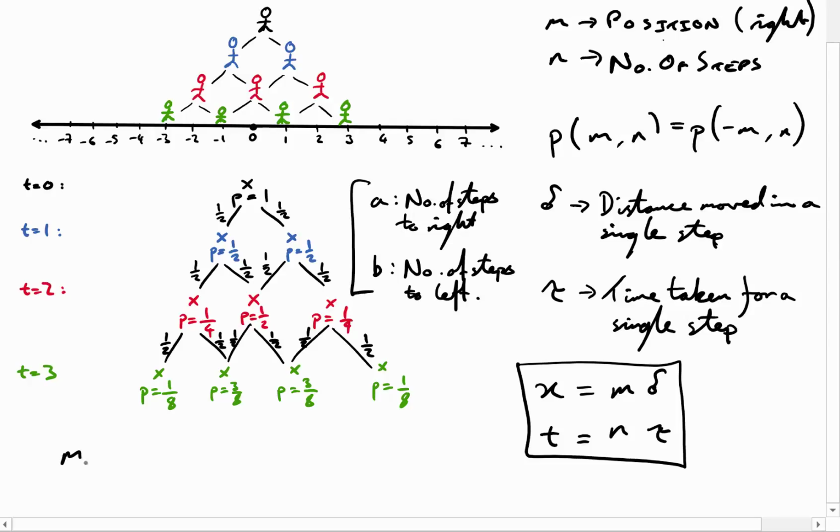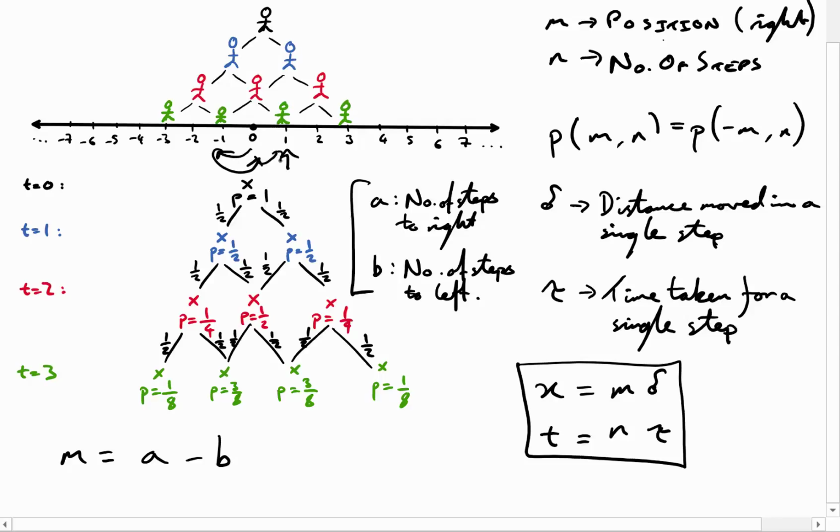Which now means I can determine my position in terms of the number of steps taken to the left and the number of steps taken to the right. It's just going to be the number of steps taken to the right minus the number of steps taken to the left. Say, for example, I'm at position 1, and I've moved one step to the left, so from 0 I've moved to -1, then back to 0, and then back to 1 again. Where have I ended up?